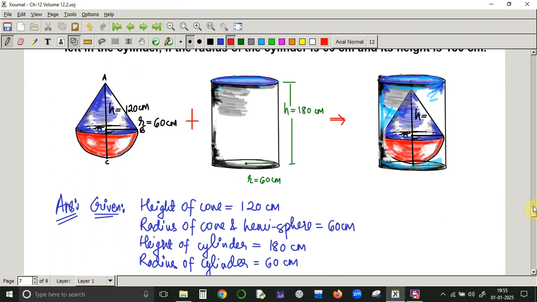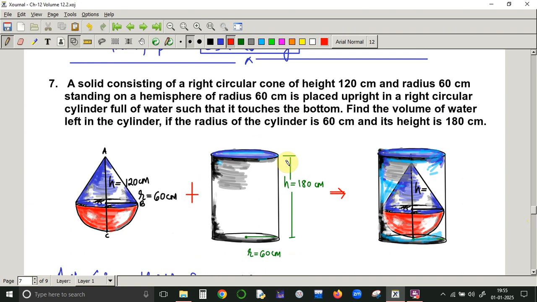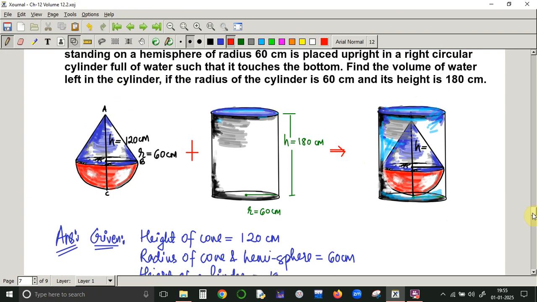Okay. So what we have to find: this cylindrical container is full of water. When we put this thing inside it, the water will get displaced, it will come out. Find the volume of water left in. We have to find how much water is left inside the cylinder.